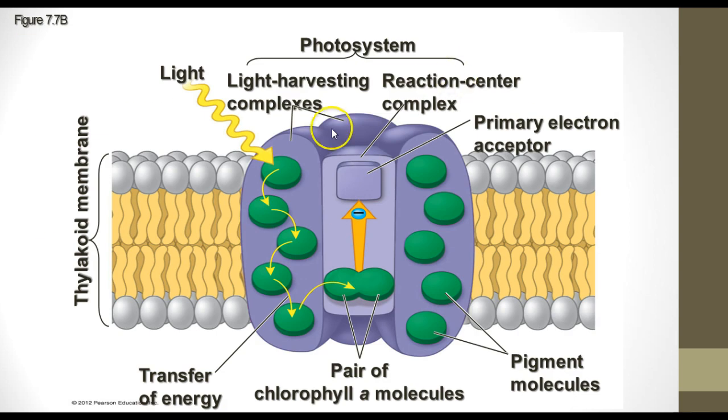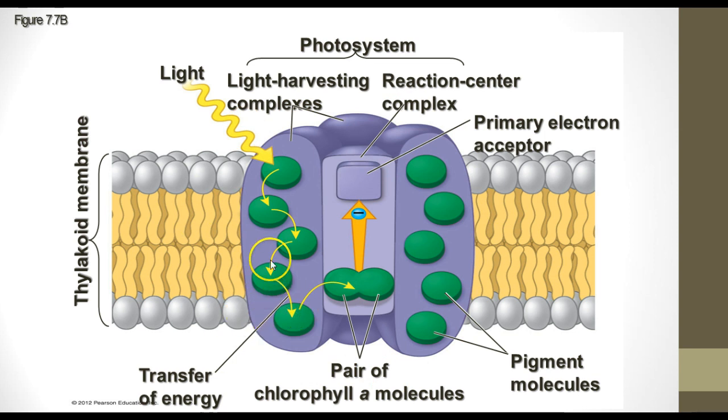So here we have a photosystem. Notice that we see it in a phospholipid bilayer. That's the thylakoid membrane. Remember, the thylakoid membrane is a regular phospholipid bilayer with embedded proteins and other molecules in it. So here's our photosystem.